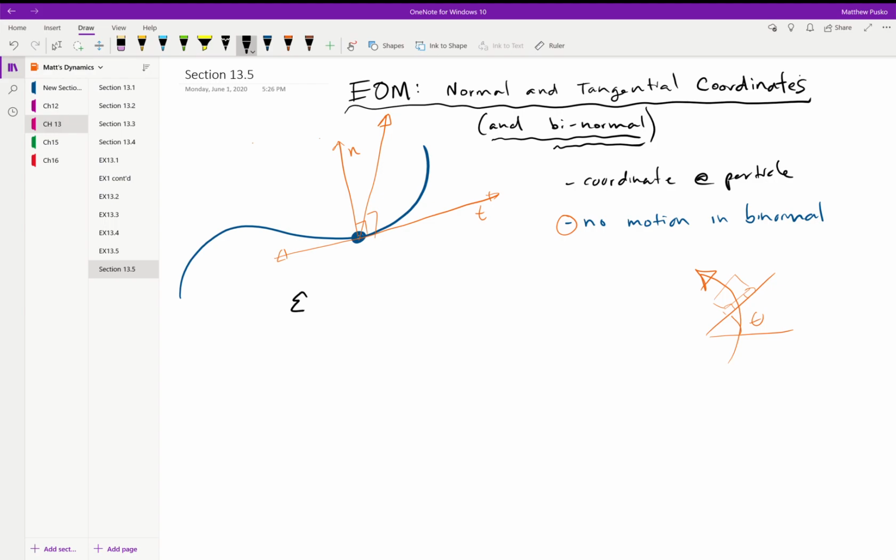if we take Newton's second law, summation of the forces is equal to the mass times the acceleration. In this case, we have to consider the unit tangent direction, the unit normal direction, and the unit binormal direction.